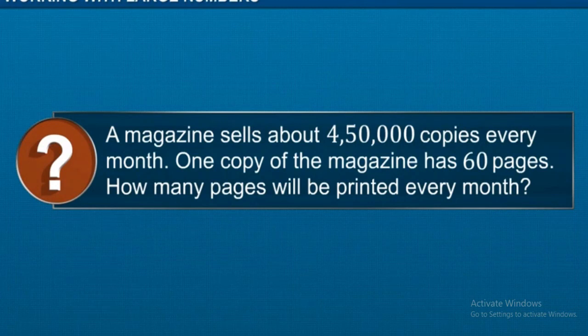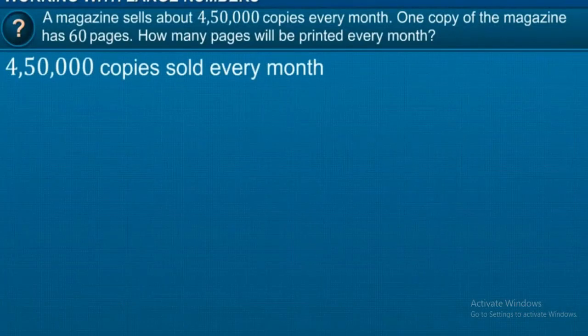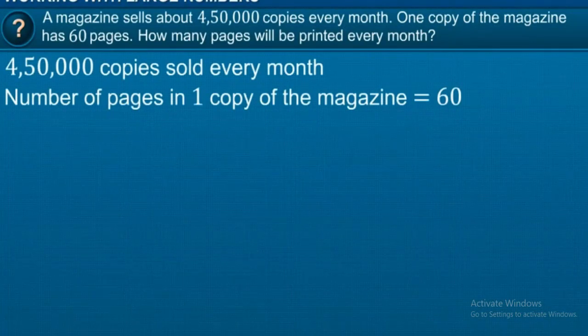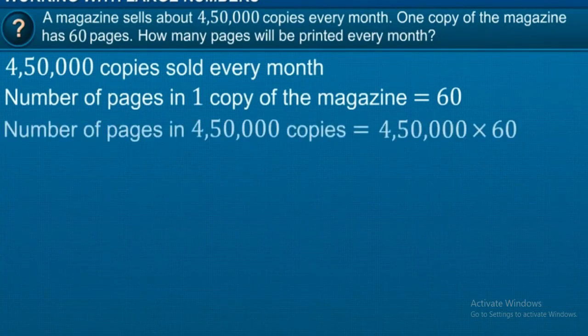In the second example, a magazine sells about 4,50,000 copies every month. One copy of the magazine has 60 pages. How many pages will be printed for 4,50,000 copies every month? One magazine has 60 pages. Therefore, 4,50,000 copies will have 4,50,000 multiplied by 60.